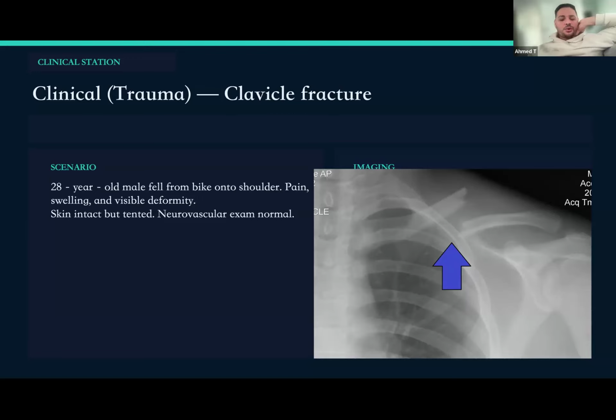But I wouldn't say that I would need to admit the patient if there's some skin tenting. He can still come to clinic and do it, or be put on the trauma list and be sent home, right? You don't need really to admit him with skin tenting. That's what I think. Maybe I'm wrong. But yeah, so X-ray, you did a good job. Just need to practice more so he can get all the words out quickly.